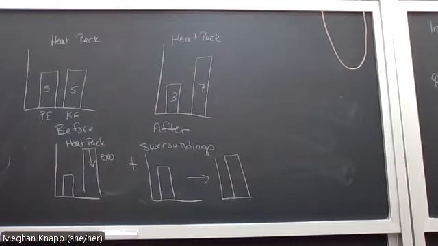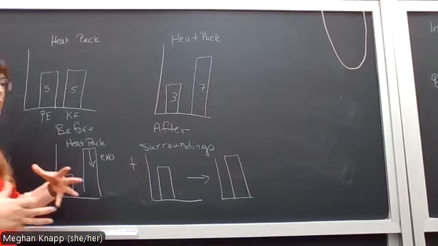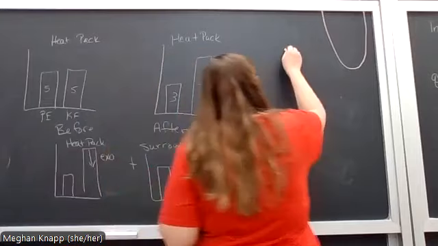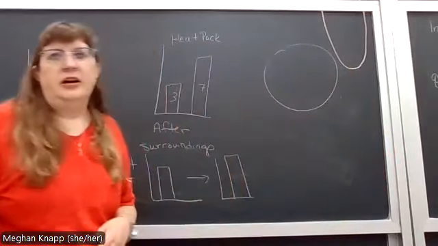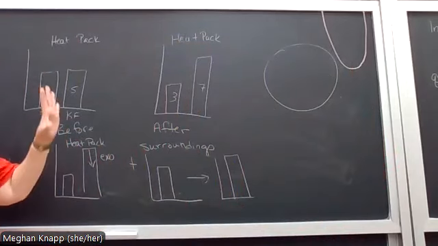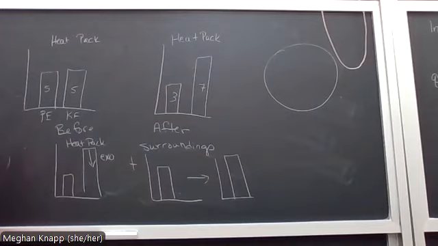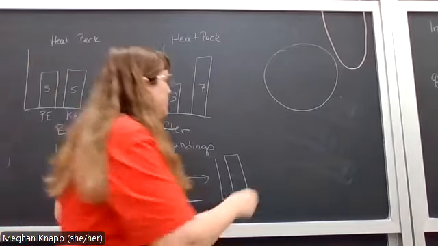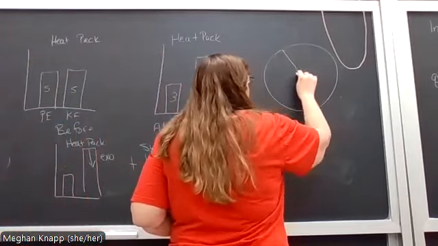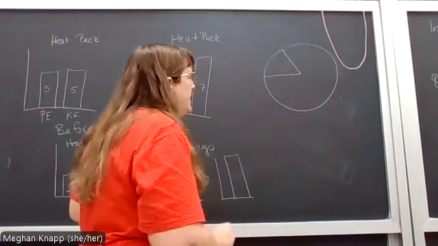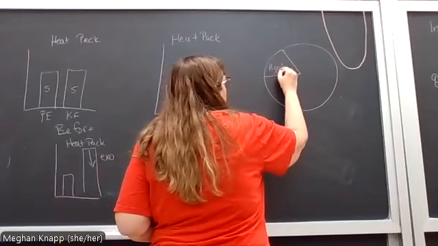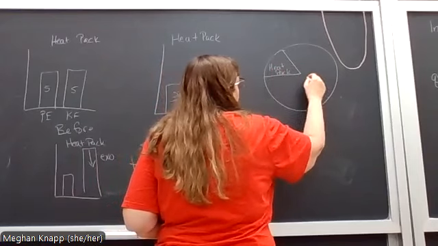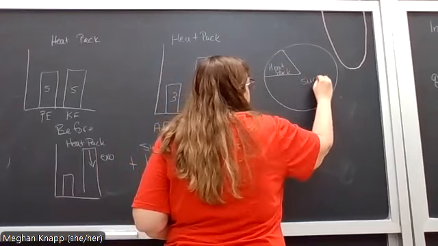All right, another way we could think of that would be like a pie chart, because in a pie chart we show everything. So if this is all the energy in the universe, then I'm going to ignore everything except for the system and its immediate surroundings. So I have the energy of my heat pack, and I have my surroundings.